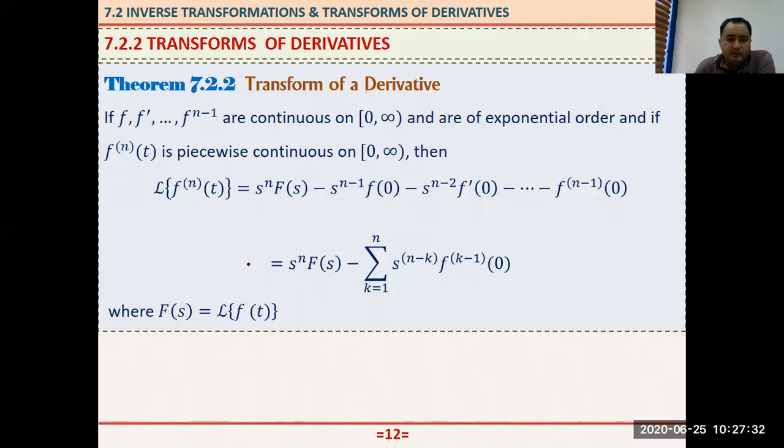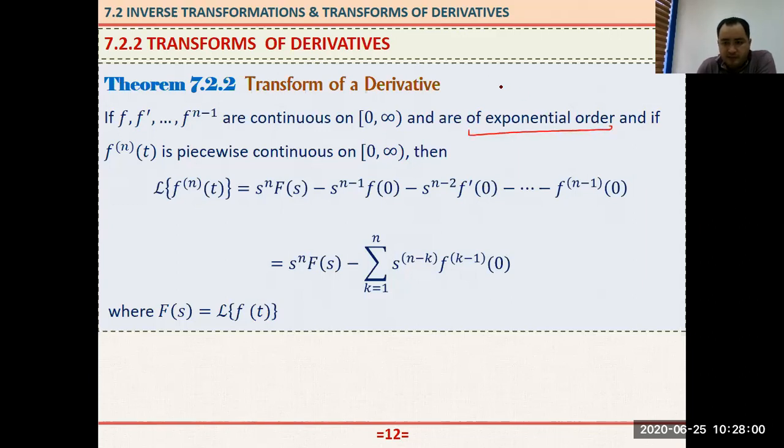Here it says that in this theorem, if f, f prime, f double prime, f triple prime, and these are just the orders of the derivatives, right? The zero order, first order, second order, up to the n minus 1th order derivatives, are continuous on this interval and are of exponential order. And you know now what we mean by exponential order, right?